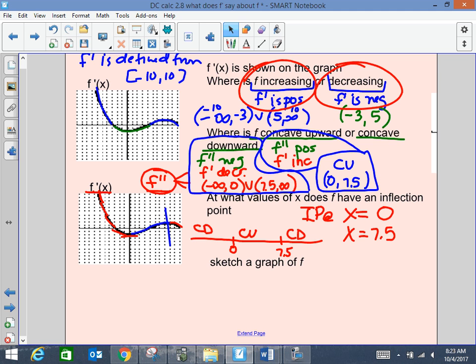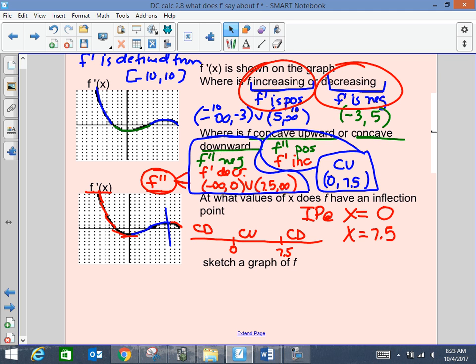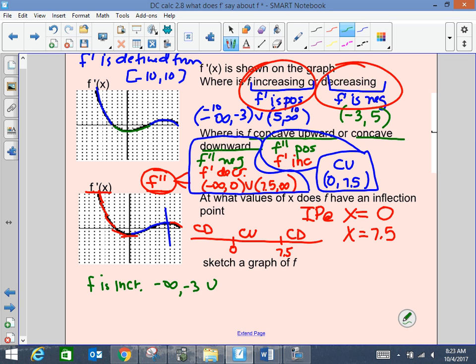Okay, let's try to sketch a graph of f, shall we? This is the fun piece, right? All right, let's see what f is doing. F is increasing, we're going to write it all out again, from negative infinity to negative 3, and then again from 5 to infinity, so you're going to split there.